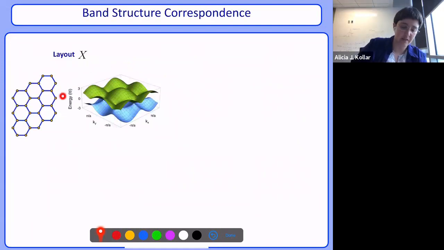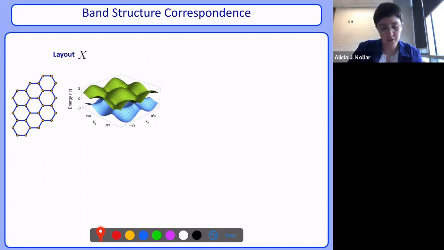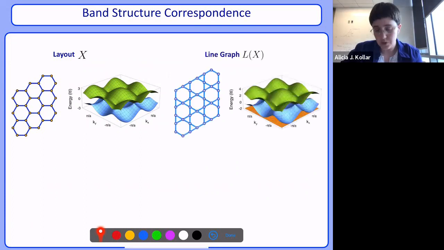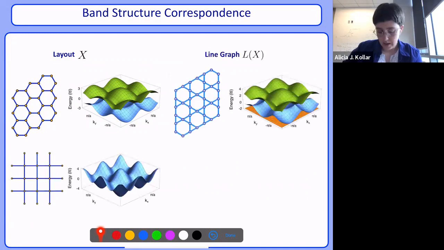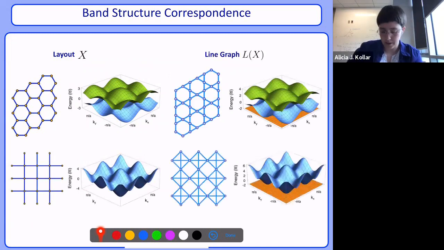This is the band structure for the honeycomb. It has two dispersion surfaces. This is the corresponding band structure for the Kagome lattice, which is the line graph of the honeycomb. For the square lattice, you get this sort of egg crate-like structure, and for its line graph, you get this band structure over here.